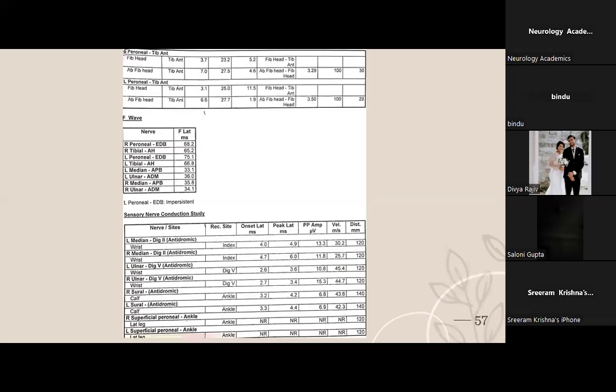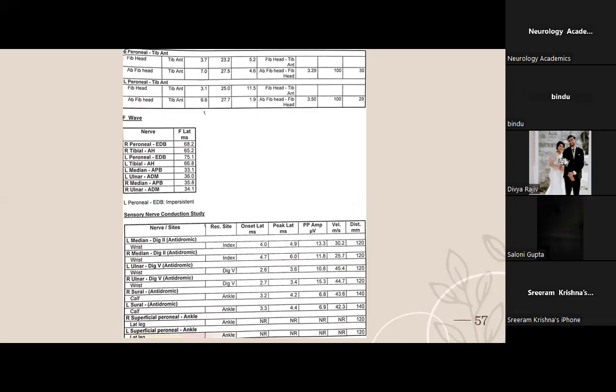Then the left peroneal proximally also, there is an amplitude reduction above and below the fibular head. And right peroneal is okay. The conduction velocity is also 29 in the left peroneal.